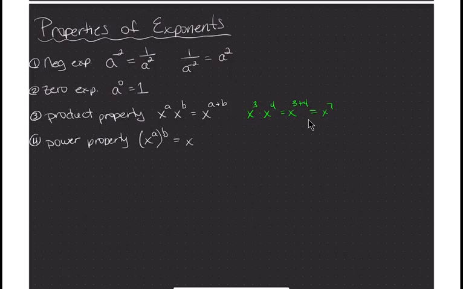So that would be x to the a times b. So for example, I'm even going to throw a 2 in there. So let's say in parentheses we had 2x to the third all raised to the fourth. So that's ultimately saying you're multiplying that whole entire thing out 4 times. So 2x to the third times 2x to the third times 2x to the third times 2x to the third.